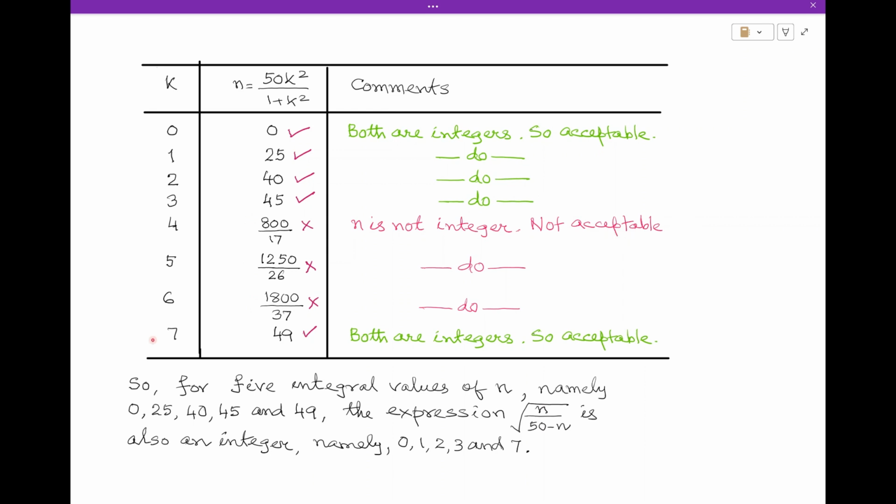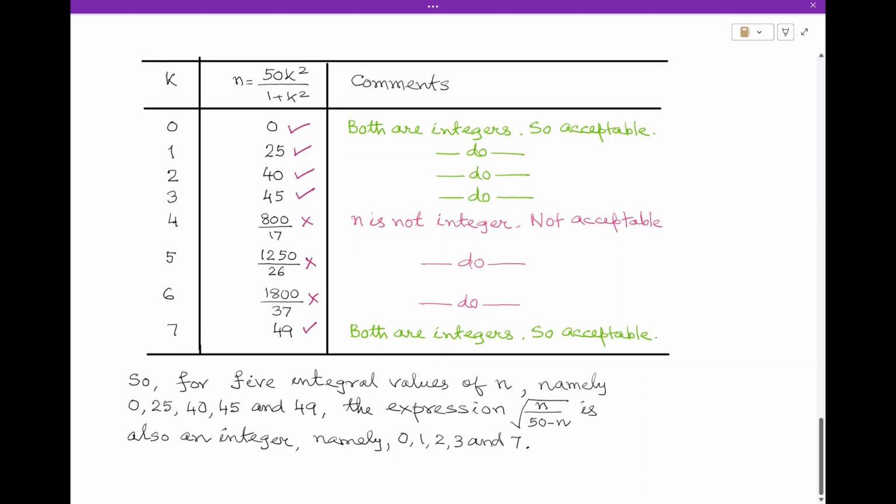Finally, when k is equal to 7, 1 plus k square becomes 50. Therefore, n is equal to 50 multiplied by k square divided by 1 plus k square, which becomes 49. And since both these values are integers, this solution is also acceptable.